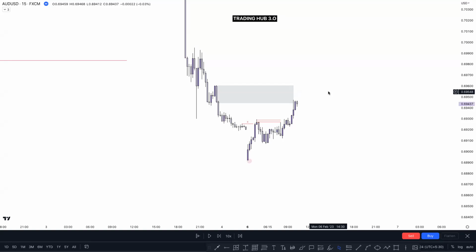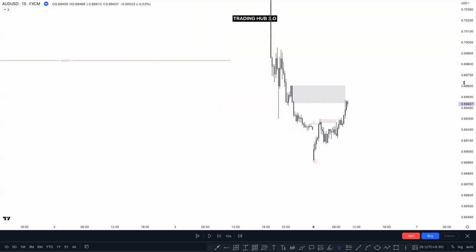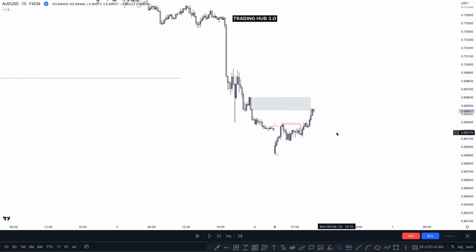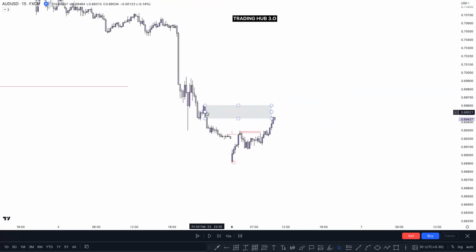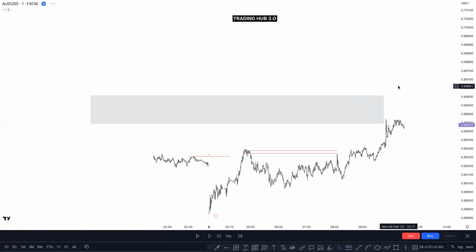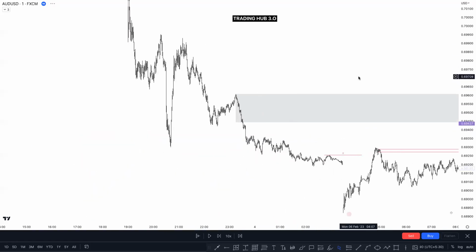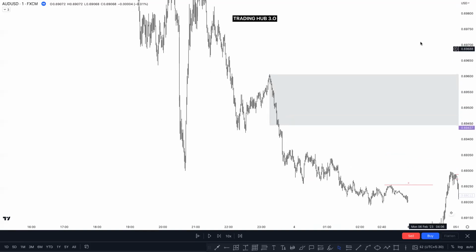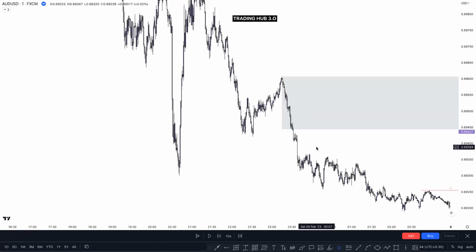Okay, so now switch here to the 1 minute time frame to see exactly and refine your zone for entry, because in a higher time frame, when you switch to a lower time frame to see exactly where the market is going, then you can identify a high probability entry for buy and sell, right?